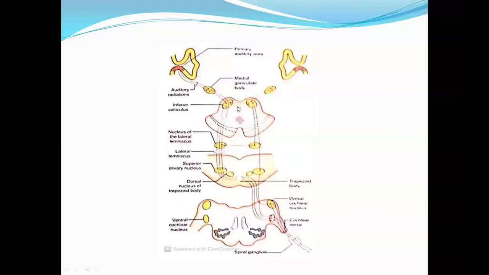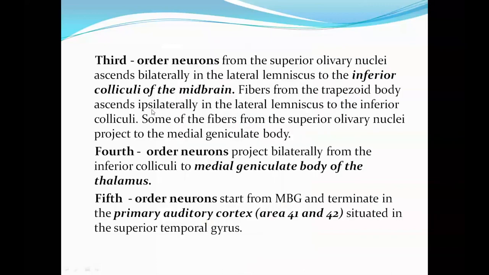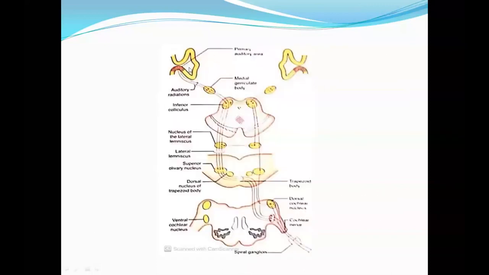These are the third order neurons, and from the inferior colliculus, the fibers move upwards and end up in the medial geniculate body. These are the fourth order neurons, and from the medial geniculate body, the fibers end up in the primary auditory area situated in the superior temporal gyrus, areas 41 and 42. So this is the auditory pathway.